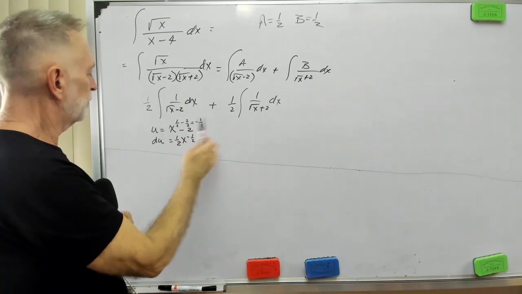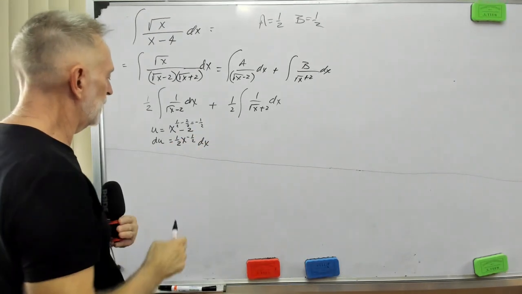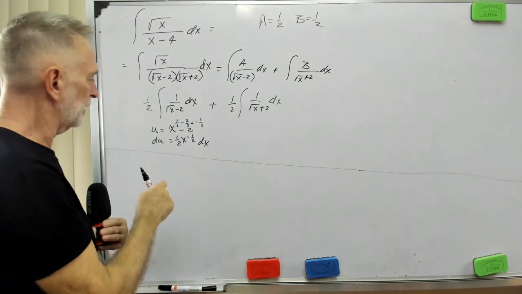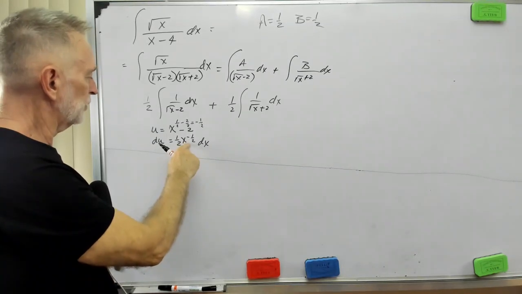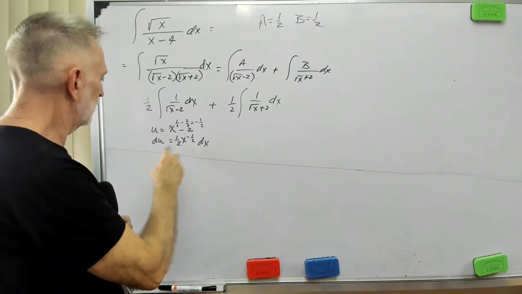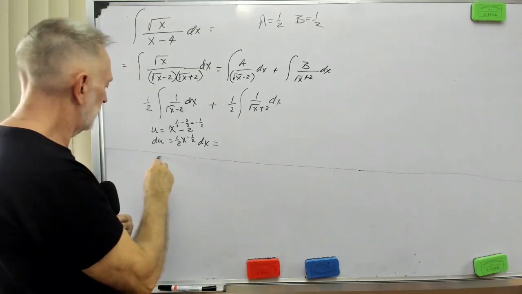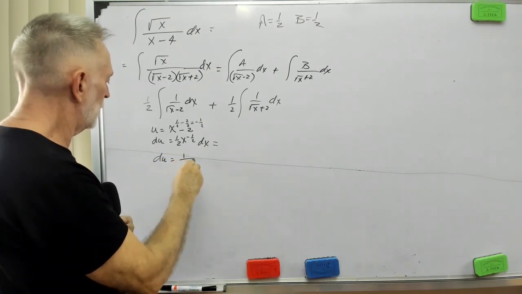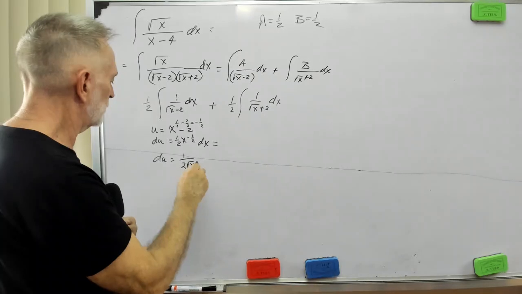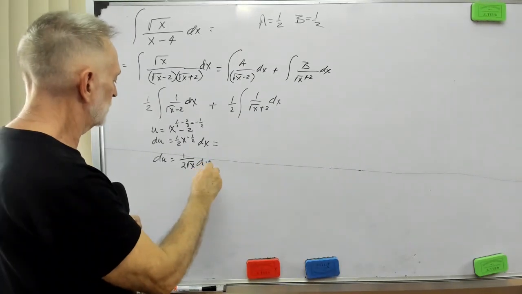And the derivative of 2 is a constant, so chain rule, derivative of x is dx. So let me put this into the denominator. du equals 1 over 2 square root x dx.